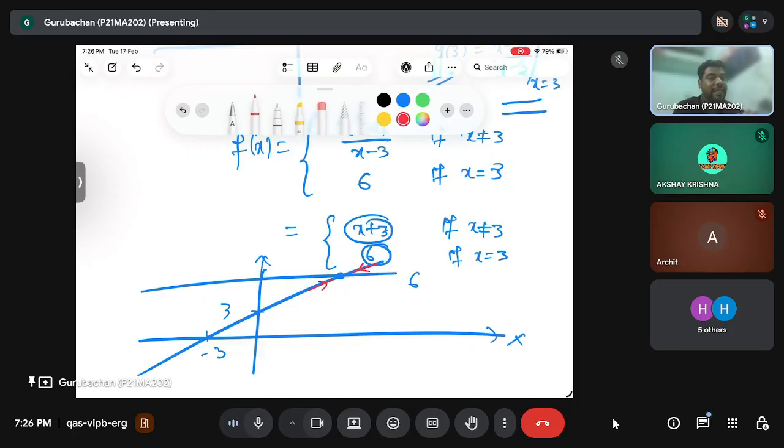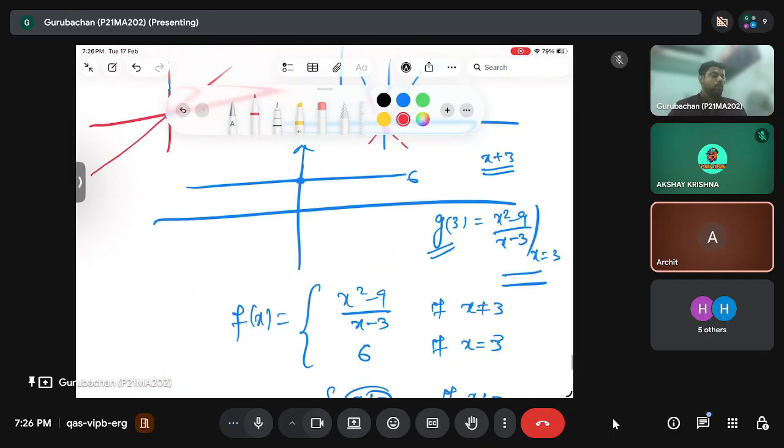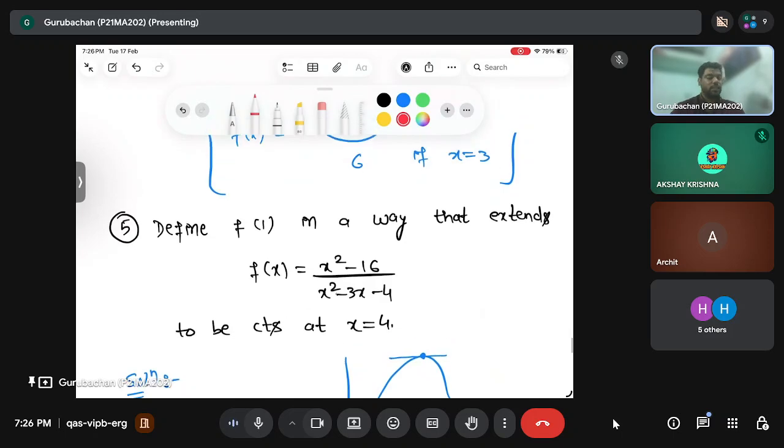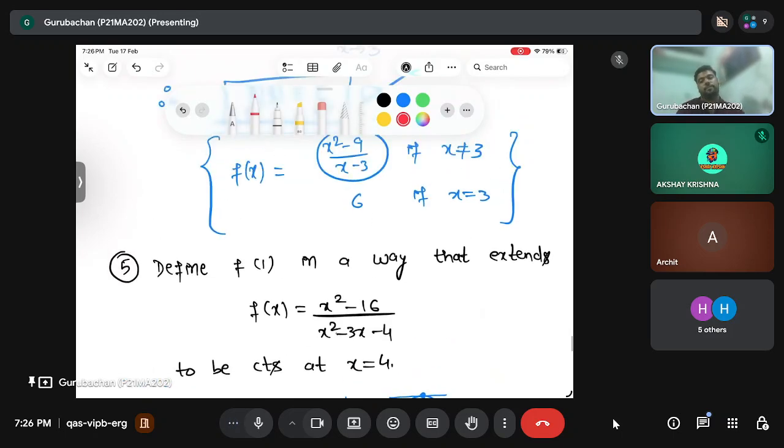So for every case, can we say that your function is differentiable? Tell me. No, sir. Can you take the guarantee? No, sir. So this was all the discussion. Now try this one.